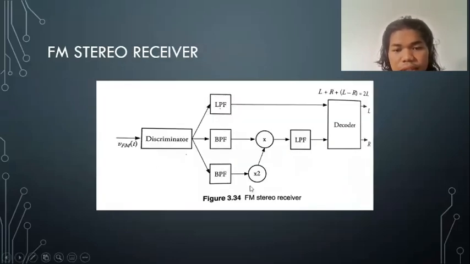So after the signals go through their respective filters, the L plus R signal goes through the LPF straight to the decoder. The L minus R signal goes to a mixer to be mixed with the carrier signal, or the pilot tone signal, which is then doubled to 38.